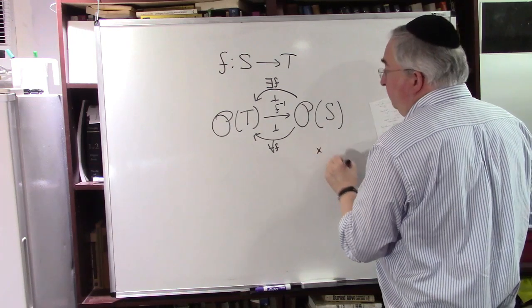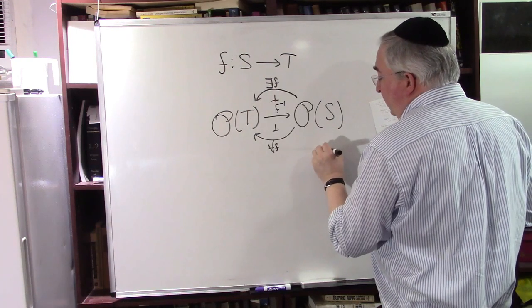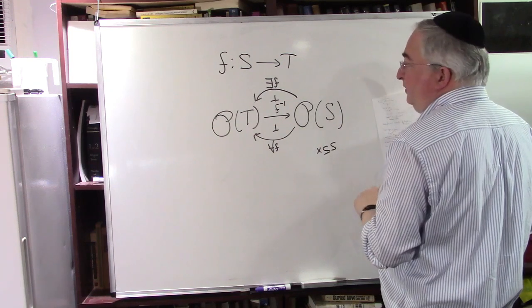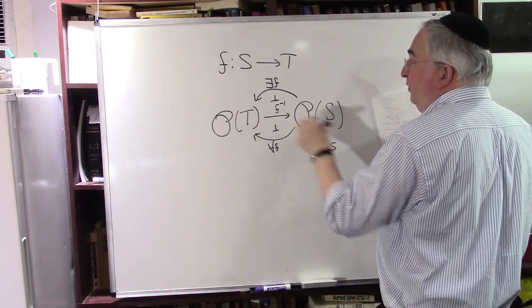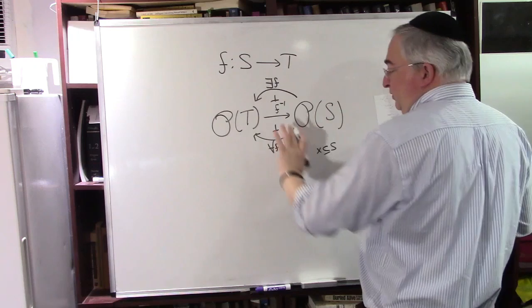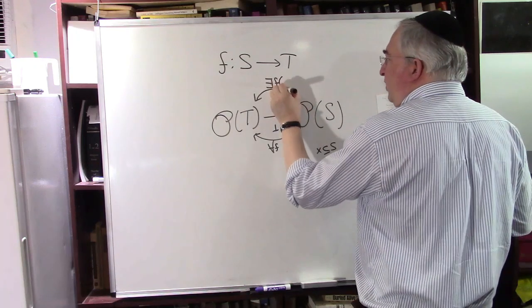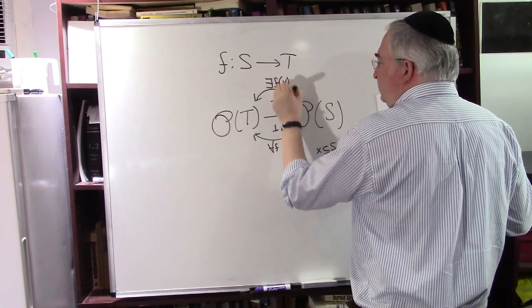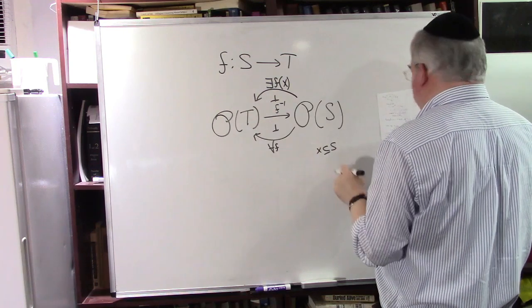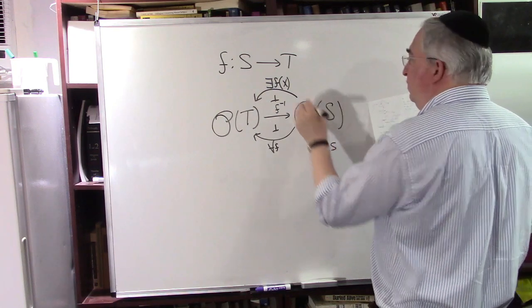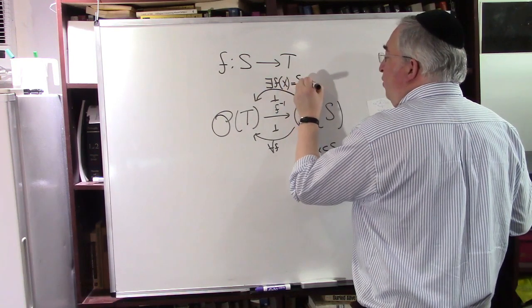Let x be a subset of s. Okay, so that's an element in here. I want to show you what these are. This is a subset of x. Where does it go to? And the answer is it goes to the set of y.